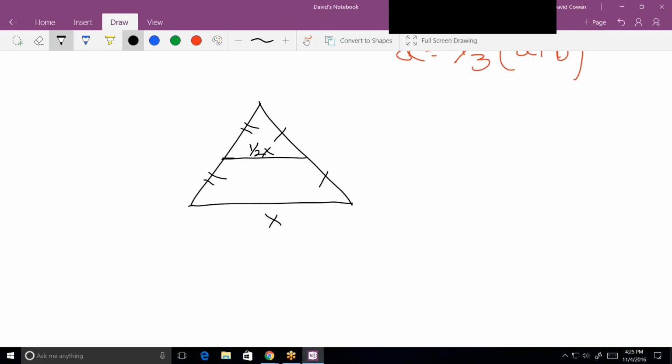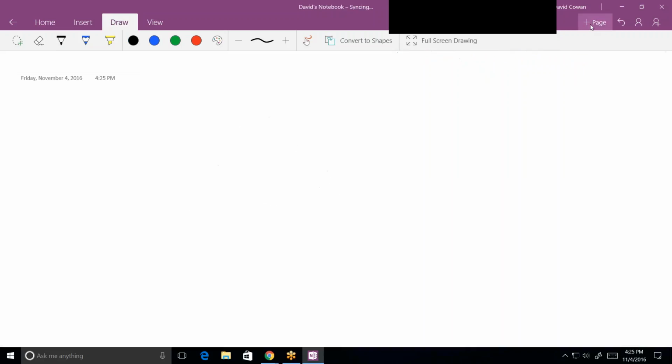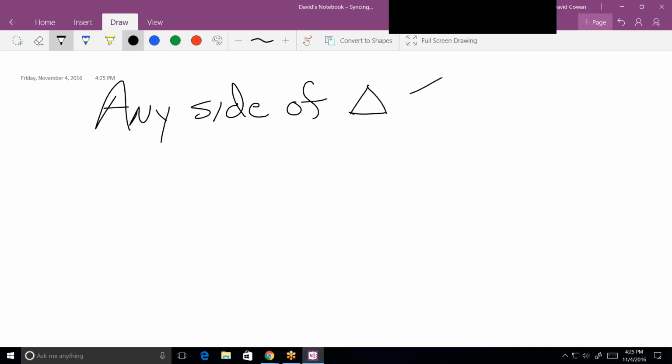Now let's talk about a couple of things of triangles. This is something that, oddly enough, most of my geometry students do not cover. There is a standard theorem that you will need to know for the SAT test and the ACT test that says any side of a triangle has to be less than the sum of the other 2.